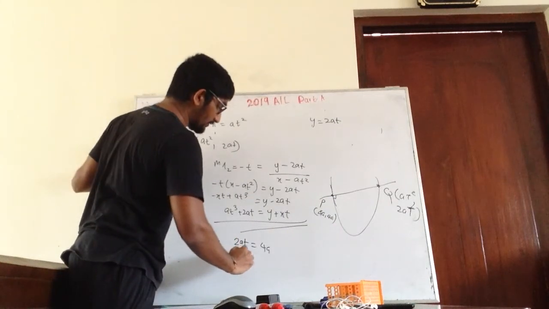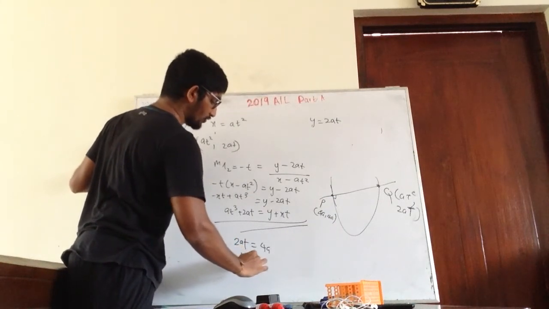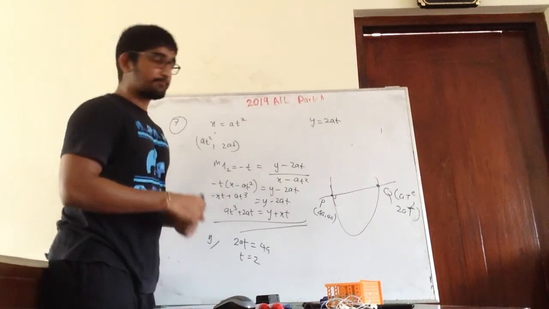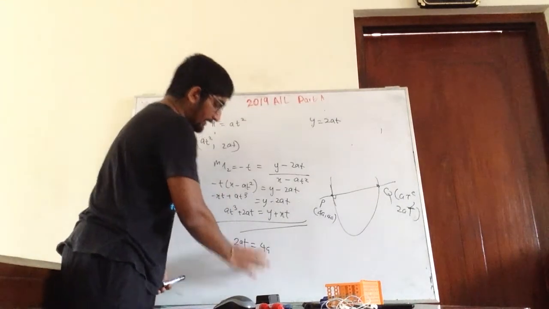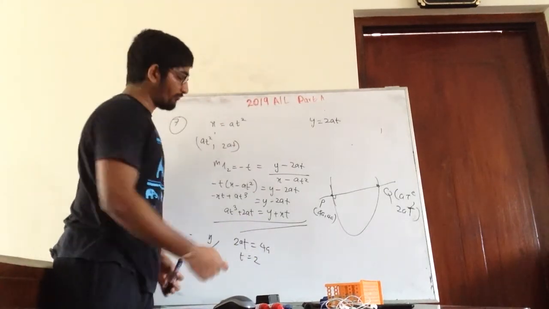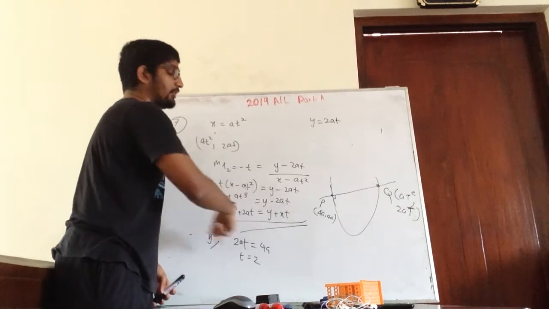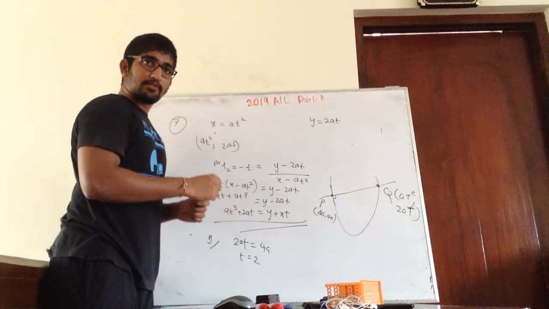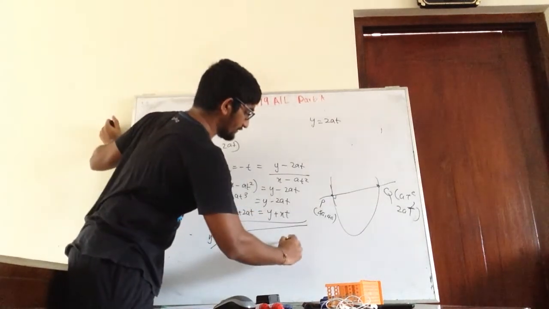That means t is equal to what? t is equal to 2, right? So now I have t equals 2. Because t is equal to 2, I can write this equation down now.